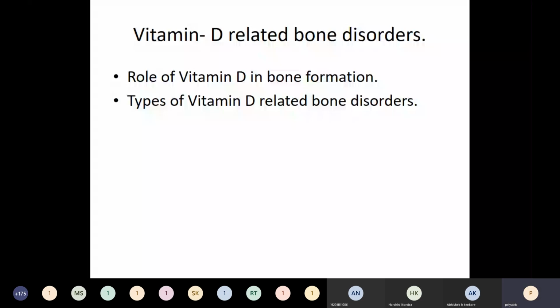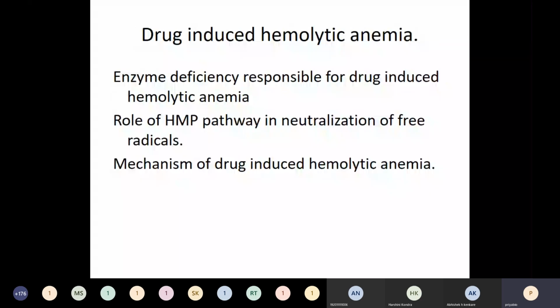In this drug-induced hemolytic anemia, you have to write a little bit about the laboratory findings. Increased hemolysis is there, so there is an increase in the concentration of bilirubin, and anemia is seen.